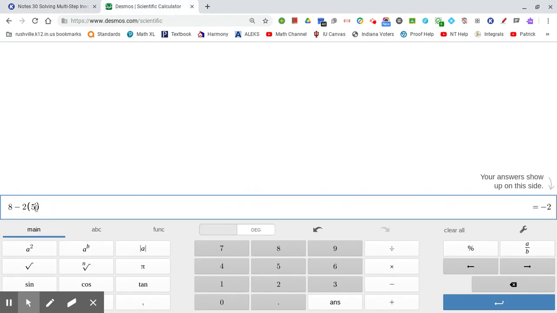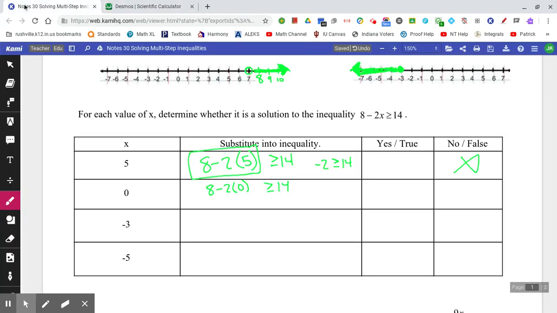So all I'm going to do is replace my 5 with a 0, and that gives me an 8. So this says that 8 is greater than or equal to 14. Well, no, that's not true. So that would be false. It's not included up here in the solution set, because it would give me 8 is greater than or equal to 14, which is a false statement.